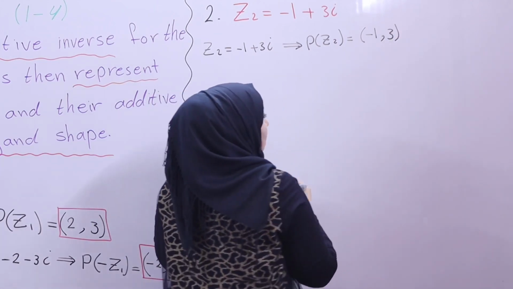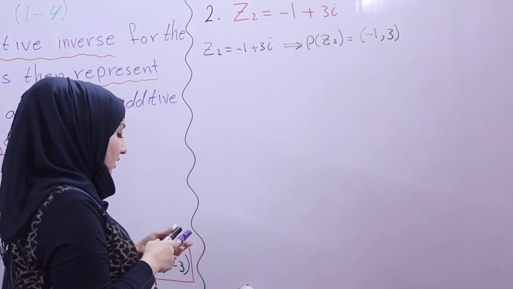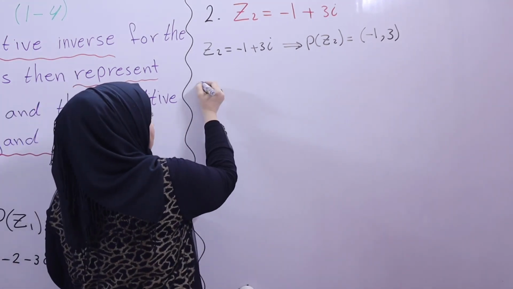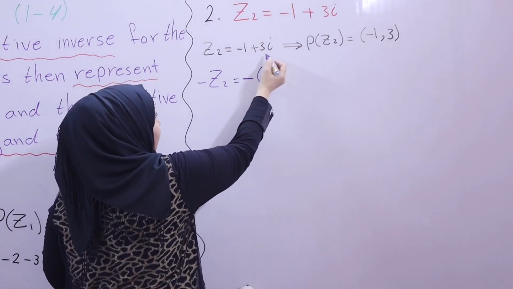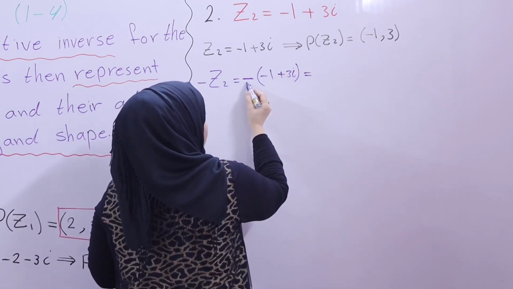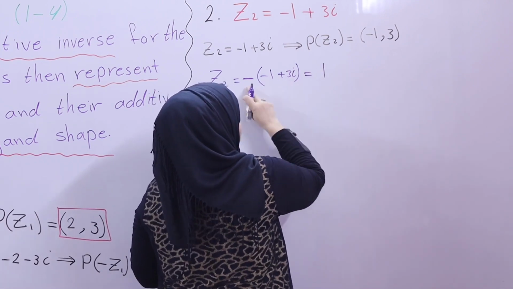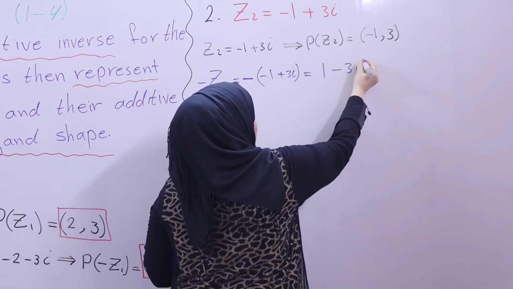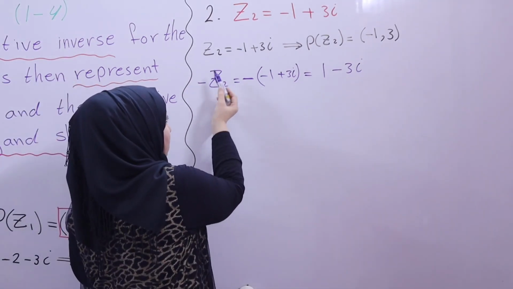So this order pair represents the point which represents the second complex number. So the additive inverse for Z2 will be negative of the complex number, and it will be negative multiplied -1 will be +1, negative multiplied +3i will be -3i. So this complex number represents the additive inverse for Z2.